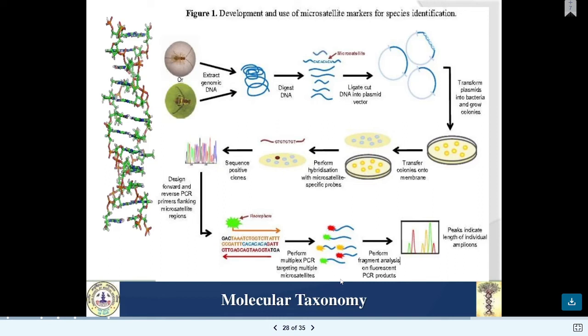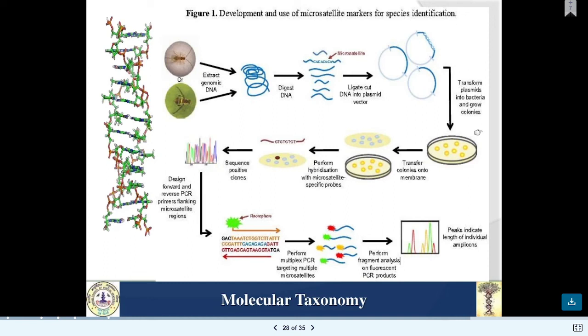So how do we develop microsatellites? We extract the genomic DNA of different species. We digest the DNA with restriction endonucleases, and after digestion we get specific fragments of DNA. We ligate them into a particular plasmid vector.